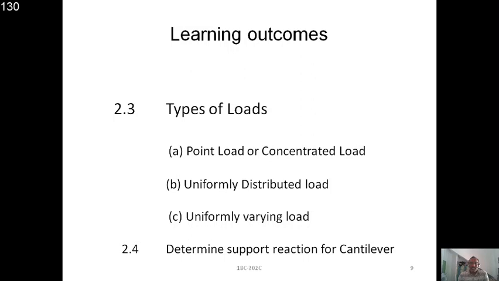However, we will see those three types of loads, how they actually look on the structure, right? And we will also learn today how to calculate the support reactions of a cantilever, right?